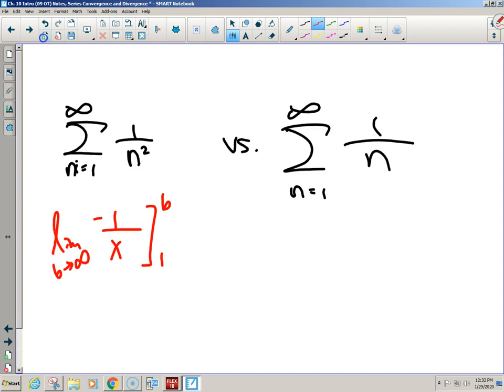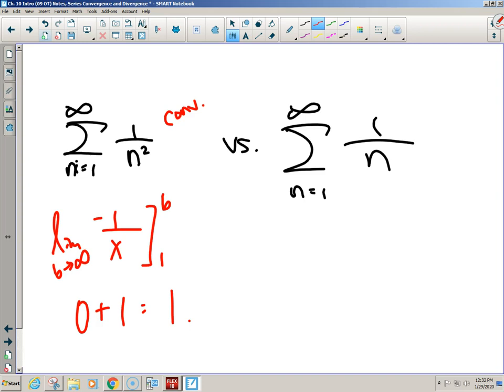And when I plug in the b going to infinity, I'm going to end up with 0 minus a negative. The integral converges, which means the series converges to 1? No, not to 1, but to something.